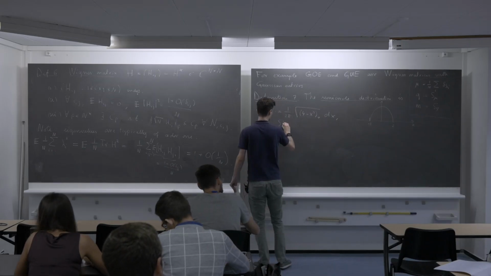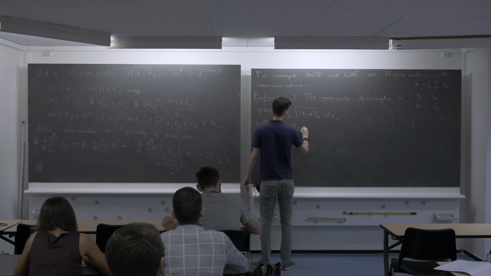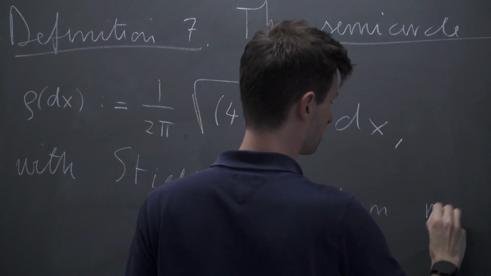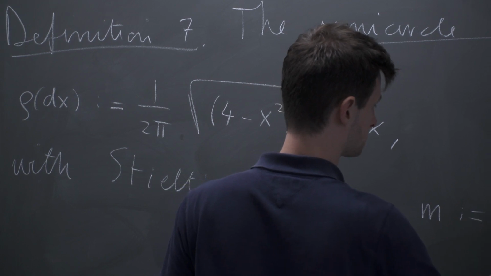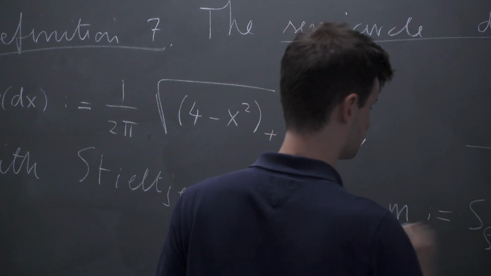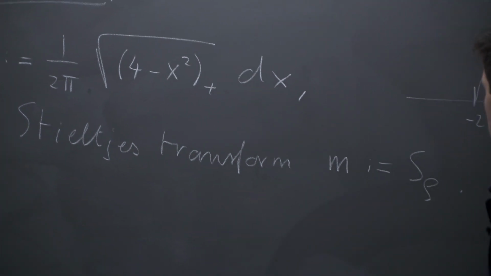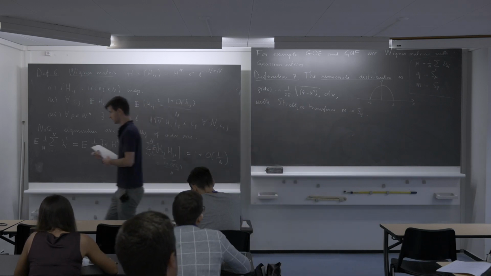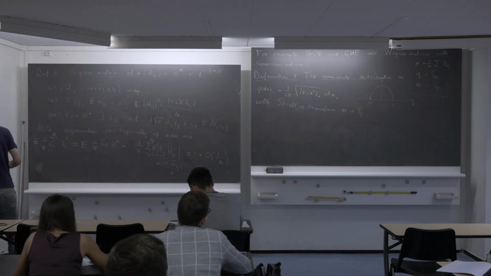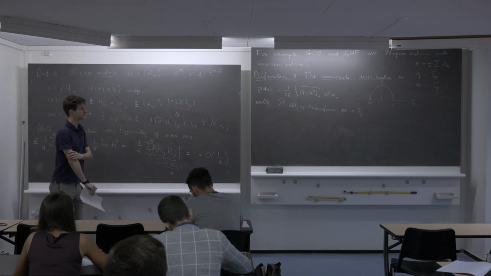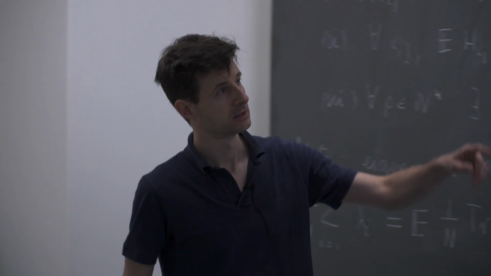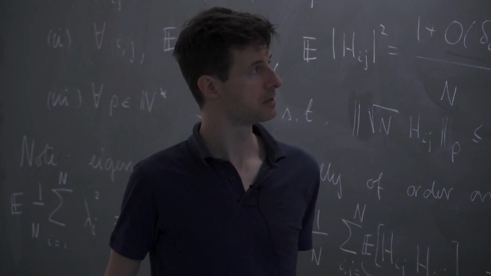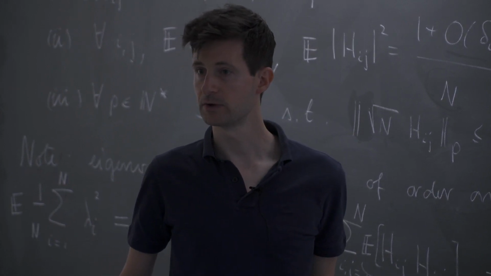Okay, so this is just a definition. The main goal of the first half, or the first third maybe, of this semester is to show that mu and rho are close, or in the language of Stieltjes transforms, M and G are close, in a very, very strong sense.